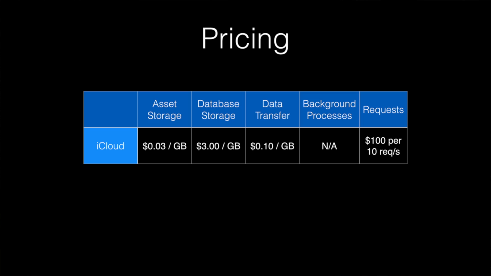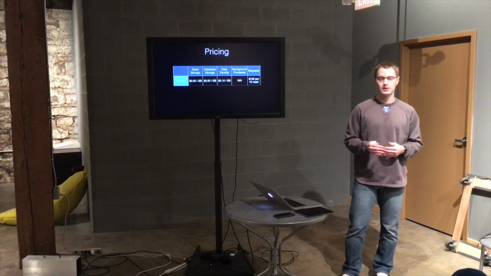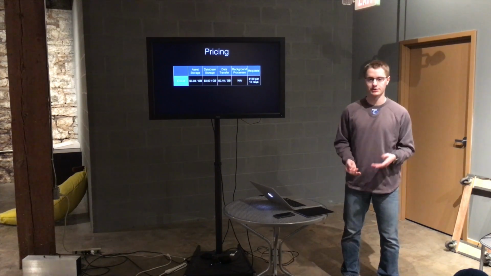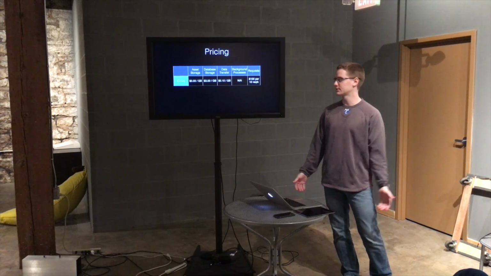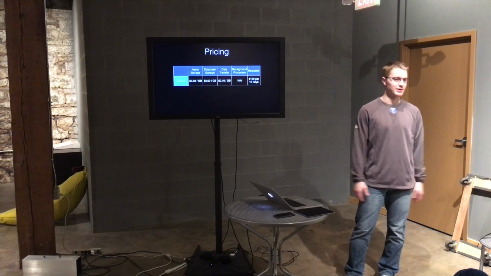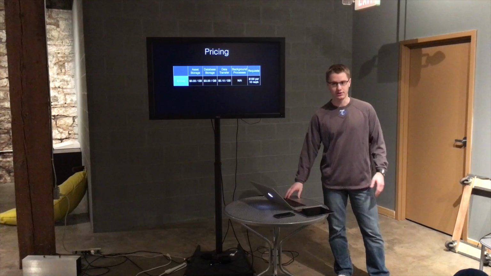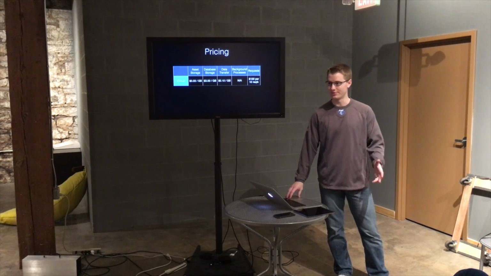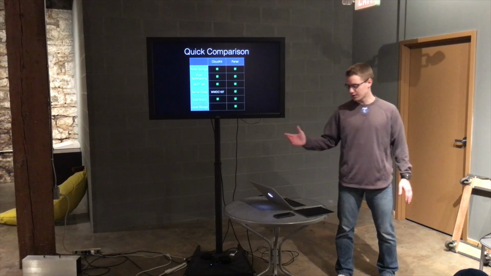If you go over your allotment for the amount of users your app has, it's a very similar pricing structure to Parse and just about anywhere else: 3 cents a gigabyte for asset storage, $3 a gigabyte for database, 10 cents a gigabyte for data transfer. So very similar pricing structure once you go above the free tier, at which point you would have a very successful app. So let's do a quick comparison.